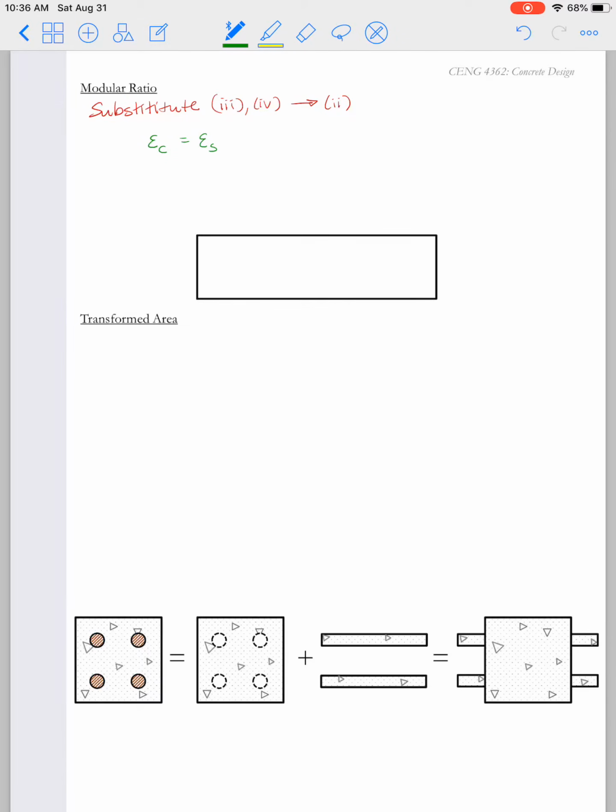We'll say that the strain in the concrete and the strain in the steel have to be the same, and therefore the stress in the concrete divided by the modulus of elasticity for the concrete equals the stress in the steel divided by the modulus of elasticity for the steel.